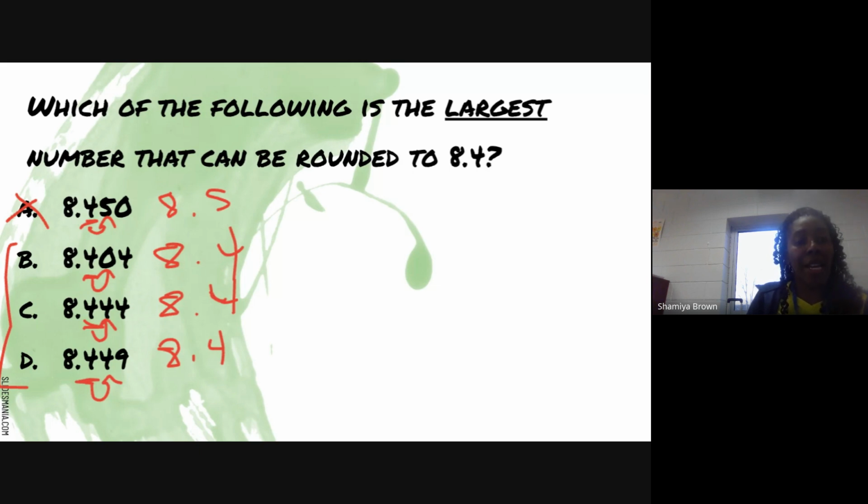Then I have 8 and 449 thousandths. Well, I know that 8 and 449 thousandths is the largest number out of these three. So, therefore, D would be my answer, because that's the largest number that can round to 8 and 4 tenths.